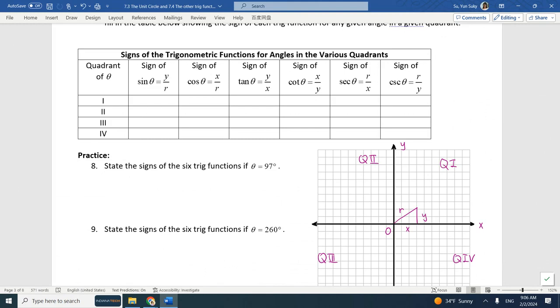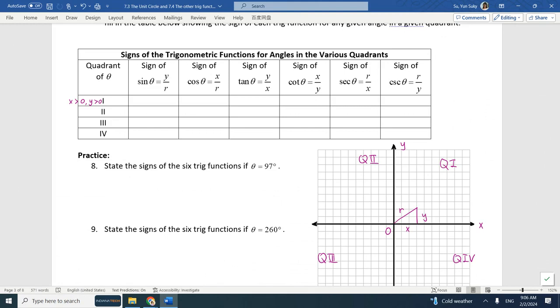Positive. Y is positive. So in quadrant 1, X is positive and Y is positive. Yes, everybody? So now we can figure out the rest.